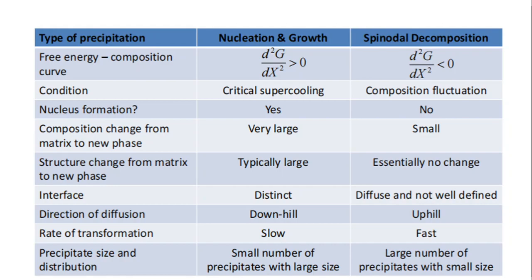Composition change from the matrix to the new phase is very large in the case of nucleation and growth type of transformations. In spinodal decomposition there is no change or a small change.